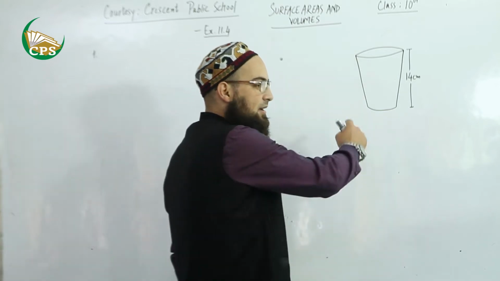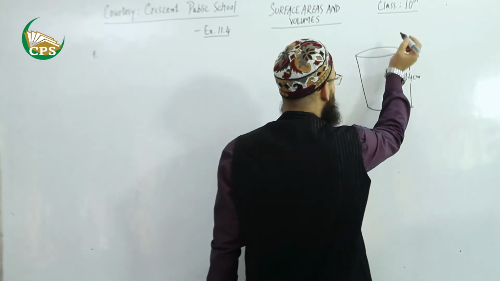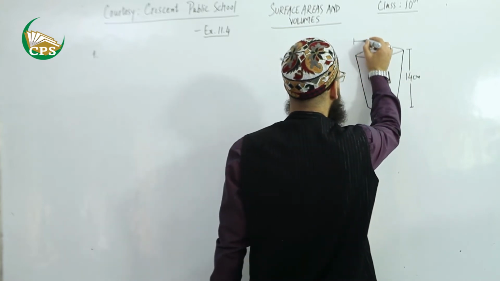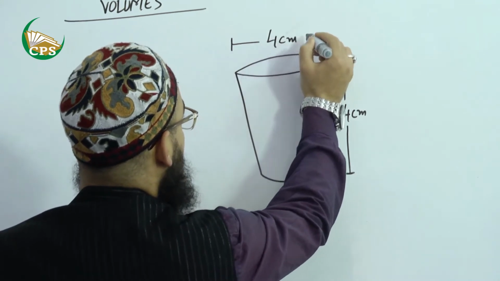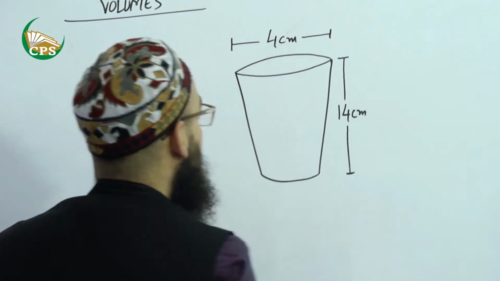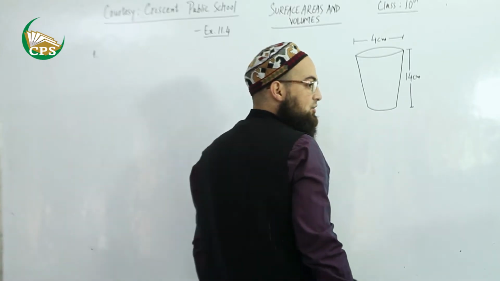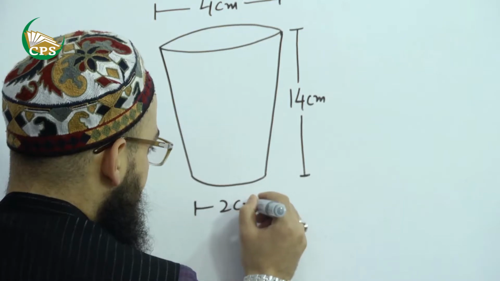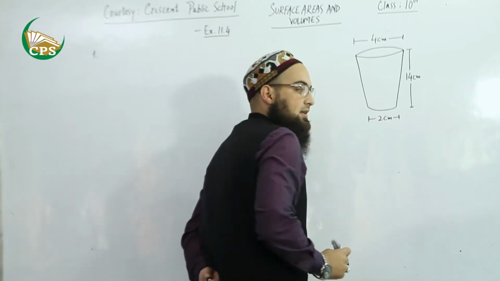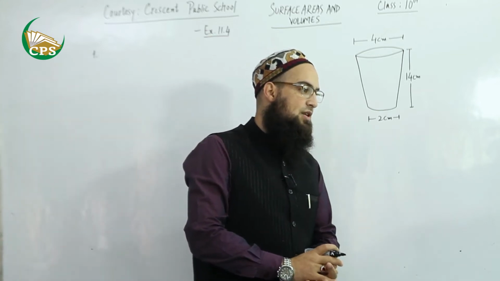So, upper diameter is 4 centimeter. This is the larger diameter of the frustum, and 2 centimeter is the lower one.